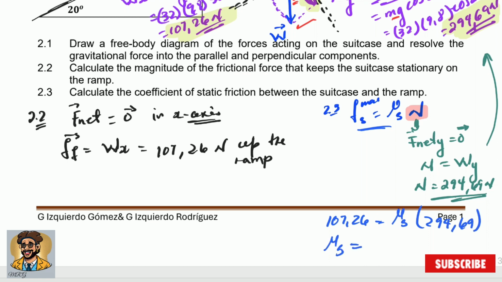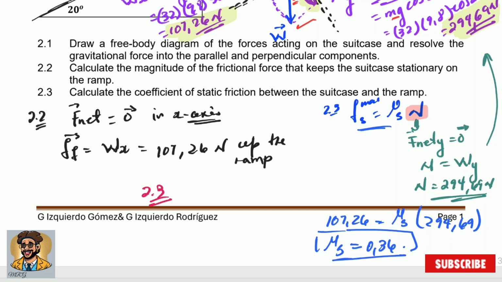Static coefficient of friction is equal to 0.36. No unit for static coefficient of friction. This is how to solve it. However, I'm going to show you something. Alternatively, you can do it quite simply, and this one is for question 2.3.